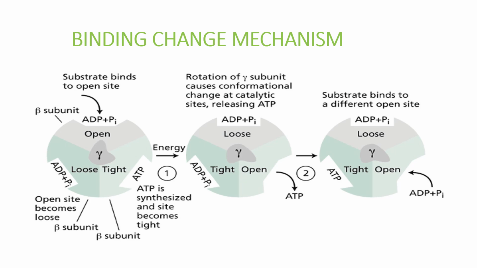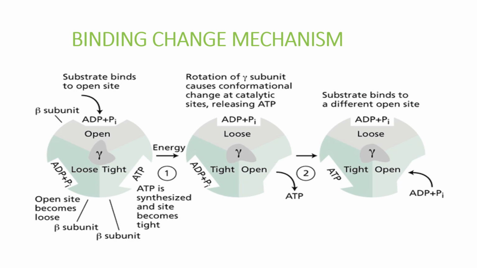Every 120 degree rotation in the gamma subunit causes the rotation of the beta subunit and causes the conformational change. So when the open structure is converted into the tight structure, ADP plus Pi is converted into ATP, and when the tight structure is again converted into open, it causes the release of ATP.